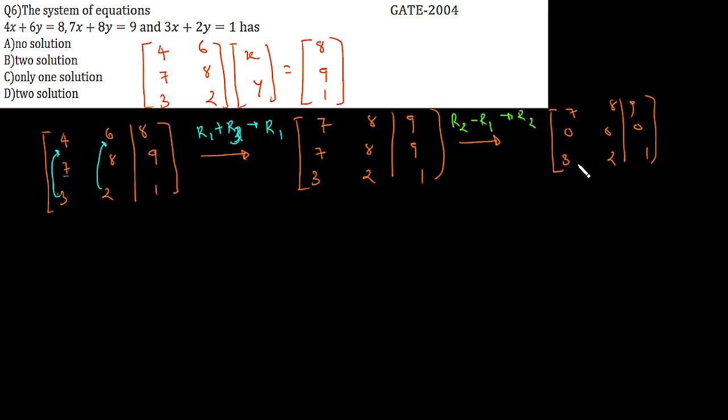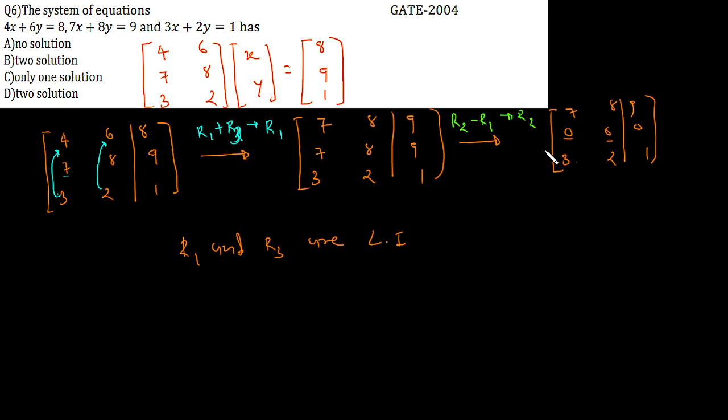Now we have reduced this, and we have to find the solution, not in terms of x and y, but simply tell whether the system has a solution or no solution. Here we can see row 1 and row 3 are linearly independent because we cannot reduce them to the 0 0 form.